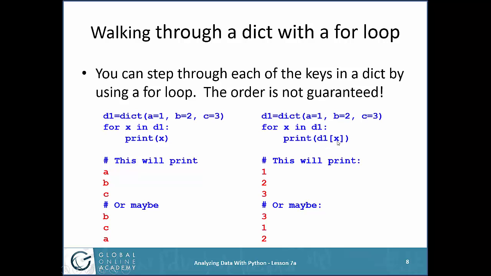Then I'll print D1 square bracket A. Maybe it's B. Then I'll print D1 square bracket B. So I'll either get 1, 2, 3, or 3, 1, 2, or maybe 3, 2, 1, or 1, 3, 2. I don't know what order I'll get, but I do know I will get all of them.